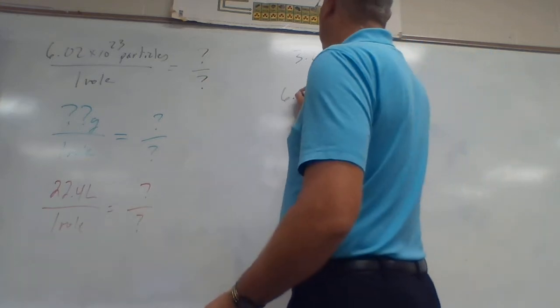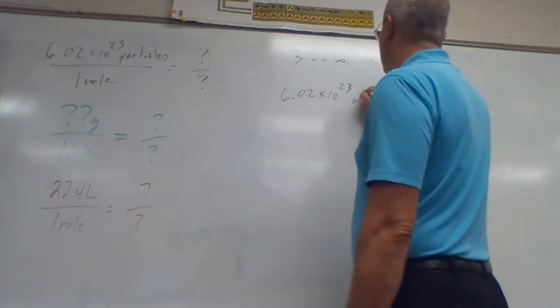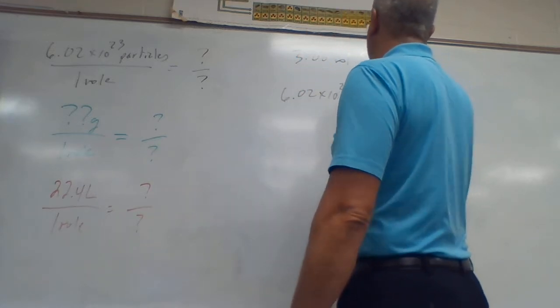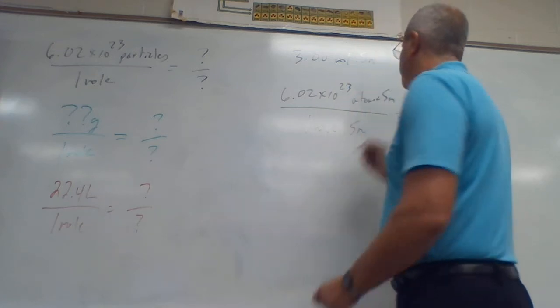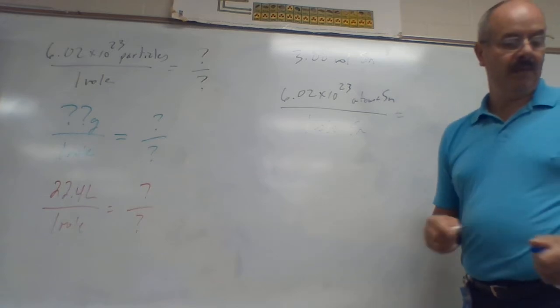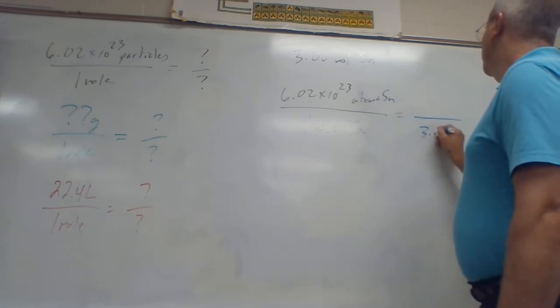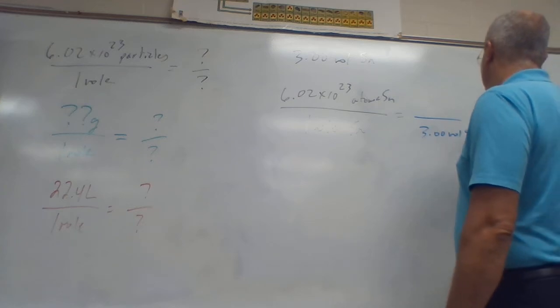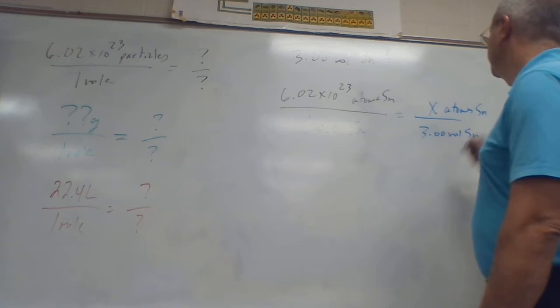So we've got 6.02 times 10 to the 23rd, and this is going to be atoms of tin per 1 mole of tin. Then we go to the other side. I'll make this blue. And it says we don't have 1 mole, we have 3.00 moles of tin. And we want to know X atoms of tin.